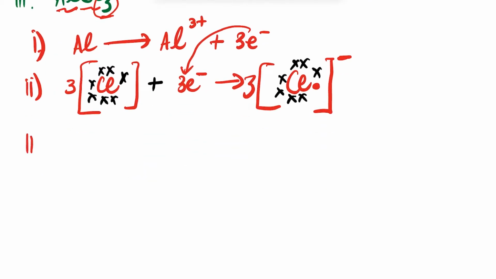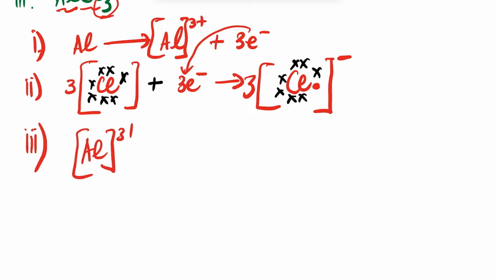So we show the third step. In the third step, I put this in a bracket, and that's when I add these two guys, the ions. So I'll have aluminium 3 plus and the 3 chloride ions.